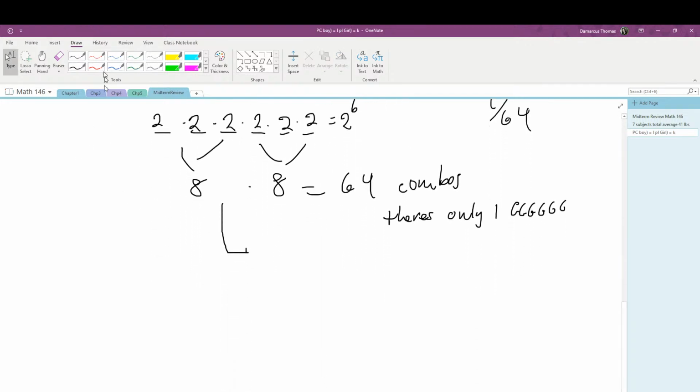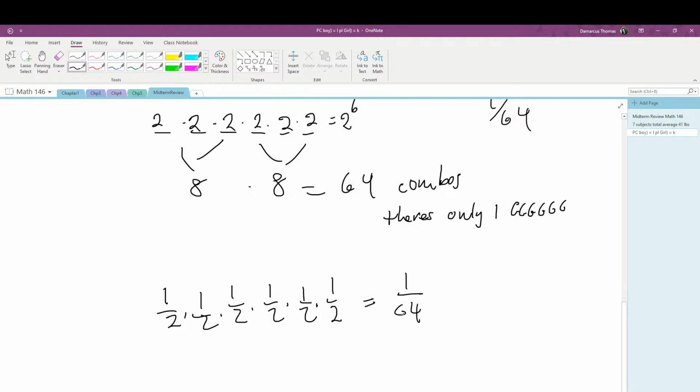Another way to approach this problem, which is probably the more practical way, that more people probably did it this way, is 1/2 times another 1/2 times another 1/2 times another 1/2. And there it is. We have the probability of having a girl in each case. You multiply all those probabilities up, you're going to get 1 over 64.